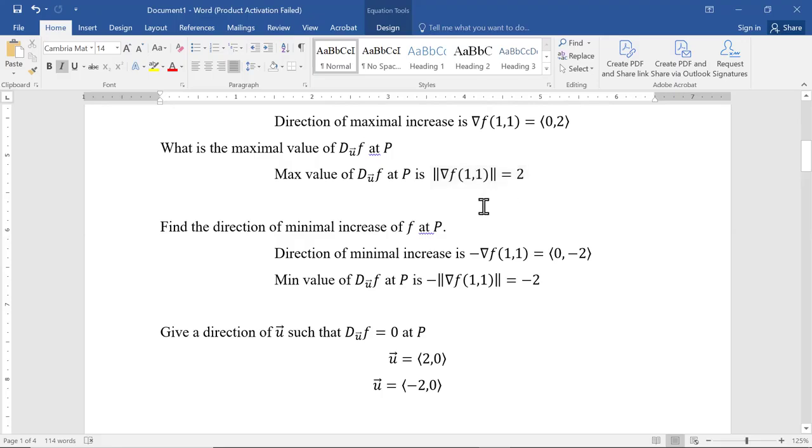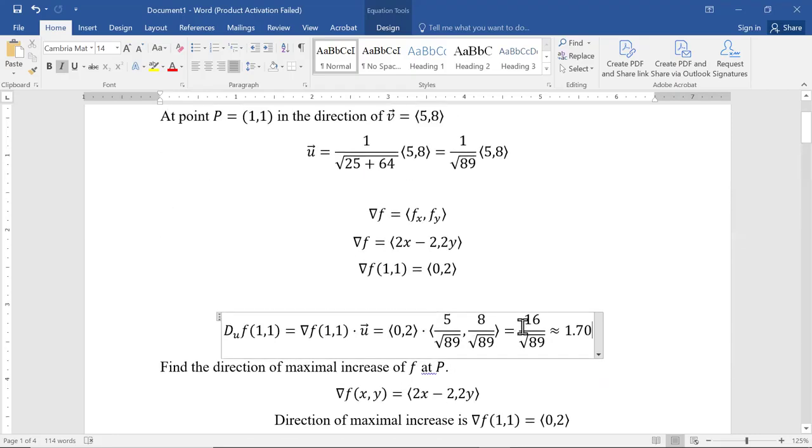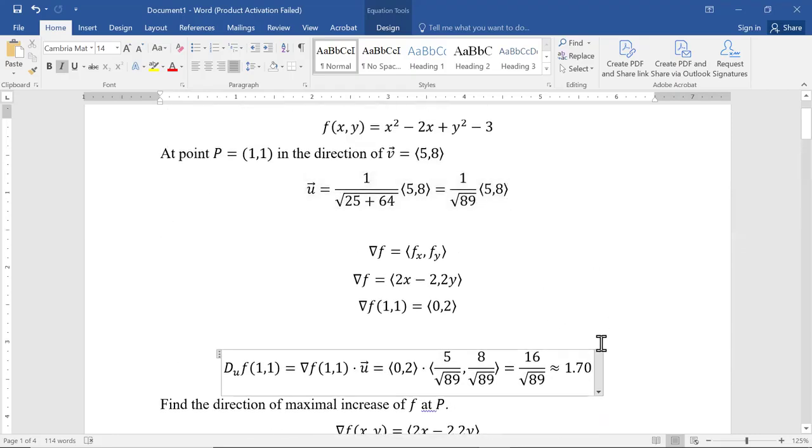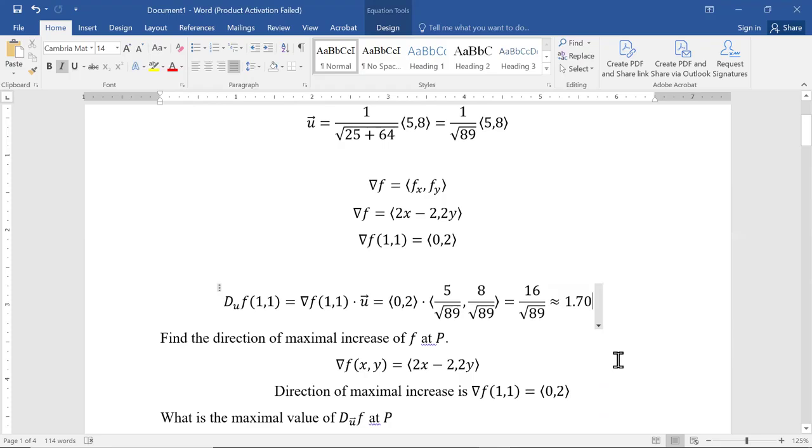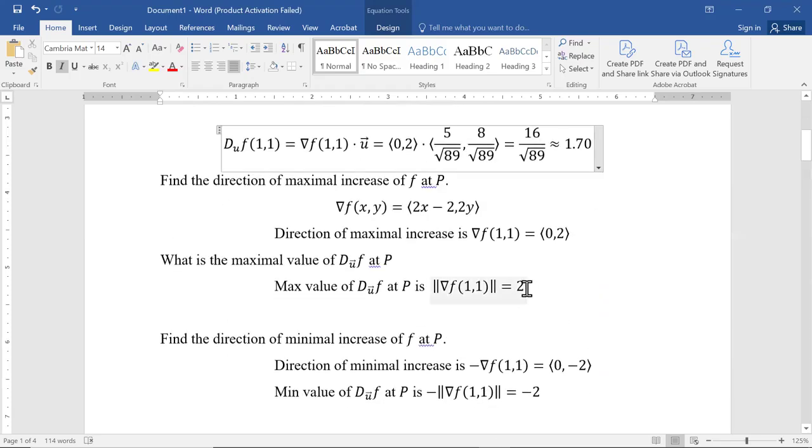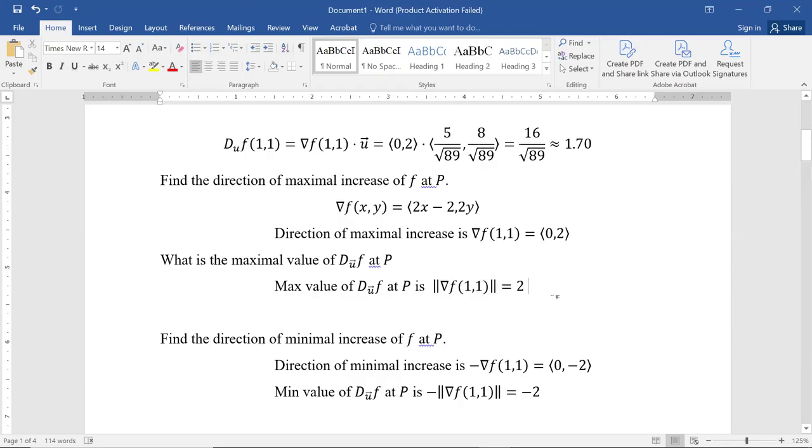So we can get a maximal change of 2, or a minimum value of -2. We can get a 0, and we can get basically anything between -2 and +2. The one I had tried earlier got me to about a change of 1.70. So again, maximum change that's possible is 2, and our change in z was about 1.70 from earlier.